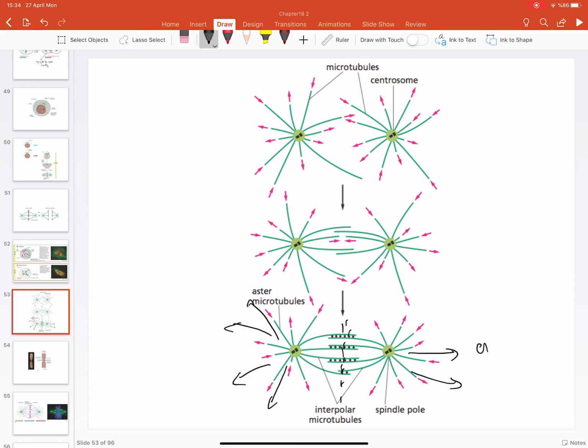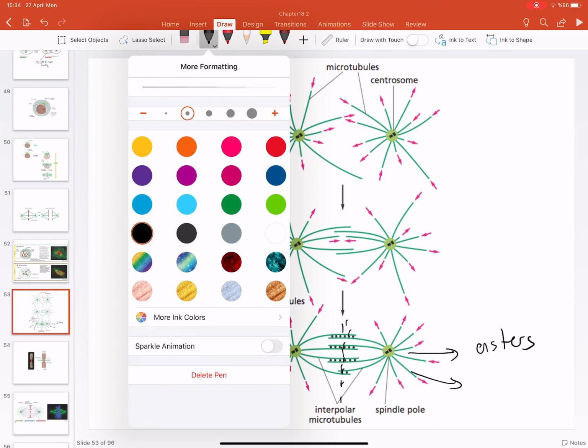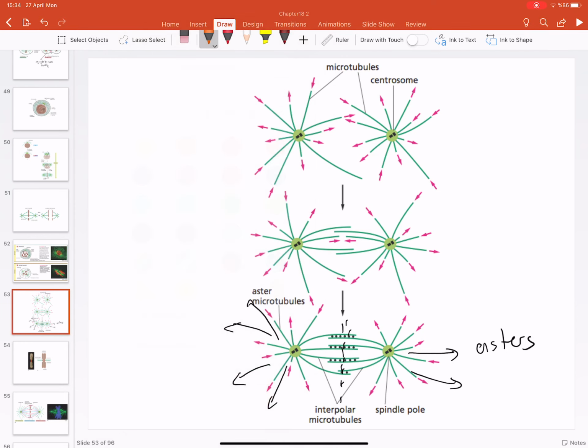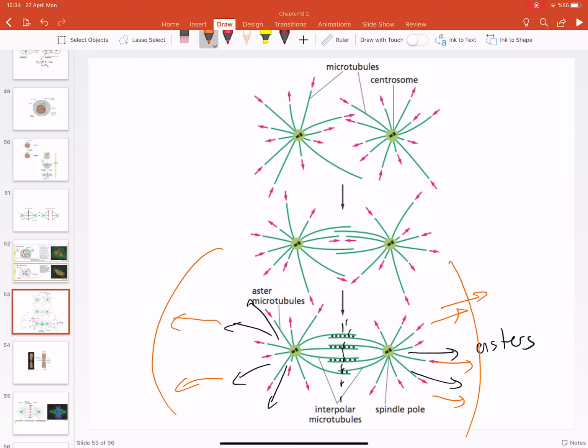These are called asters. Aster means star. They are star-like. And the function of the aster is to attach to the plasma membrane. Here there is the plasma membrane. They are going to be fixed on the plasma membrane, and next they are going to pull the chromosomes through the plasma membrane so that the cell is going to elongate.